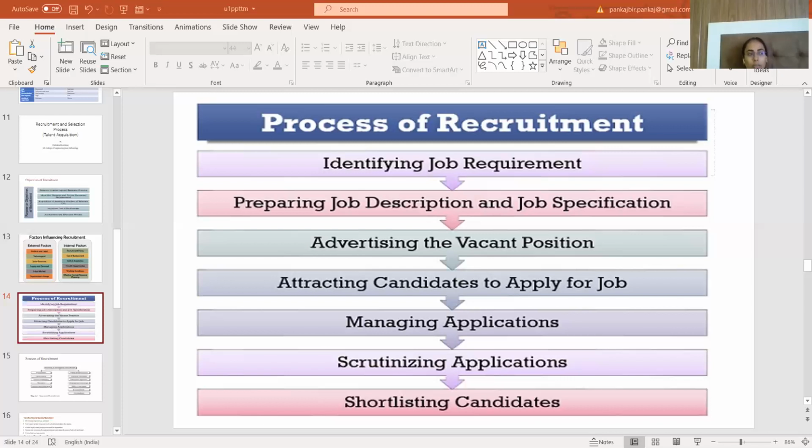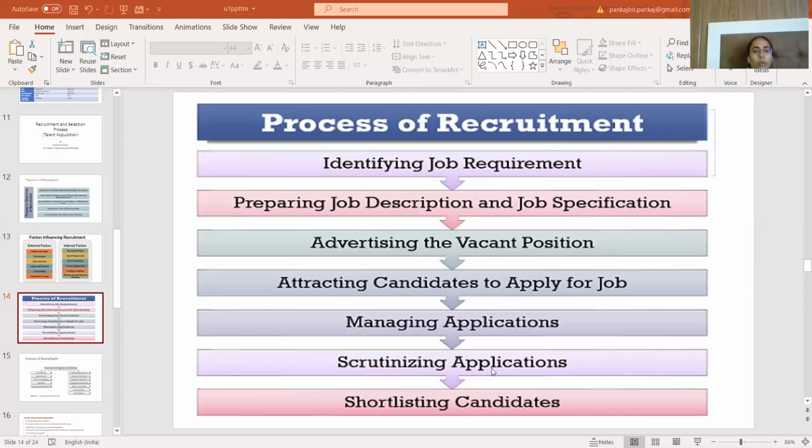First, we need to understand very carefully what steps are involved in the recruitment process and how the strategy of recruitment is made. As you see on the slide, there are several steps in the process of recruitment.